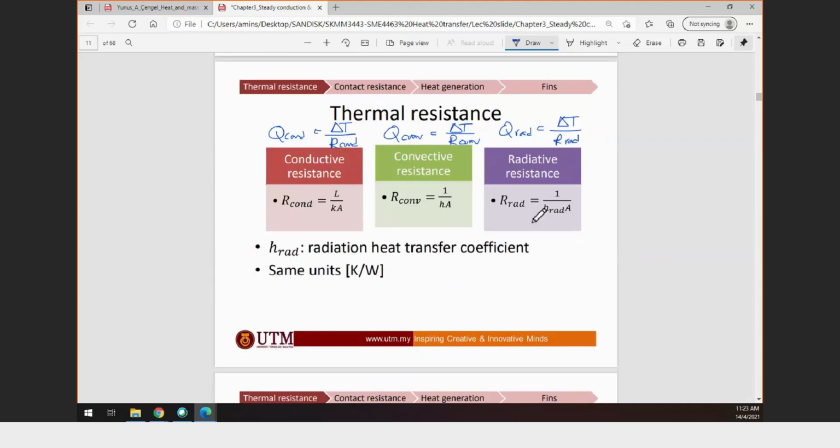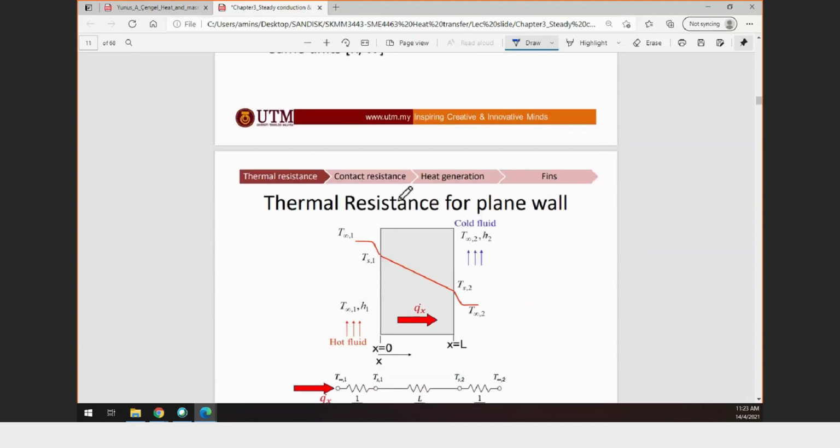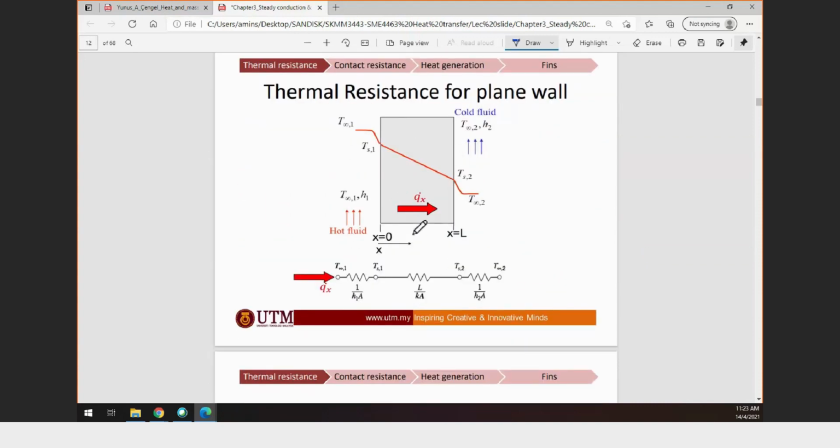Okay, so using this concept of thermal resistance, we apply it back to the system that we considered in the earlier slide. Here you have the convection, this is conduction, and this is another convection.